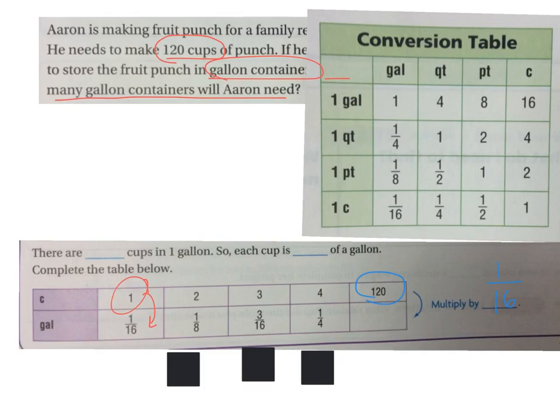Okay, so if I follow this pattern and I multiply 120 times 1/16, what do I get? Let's multiply the numerators first. What's 120 times 1? Okay. And what is 16 times 1?